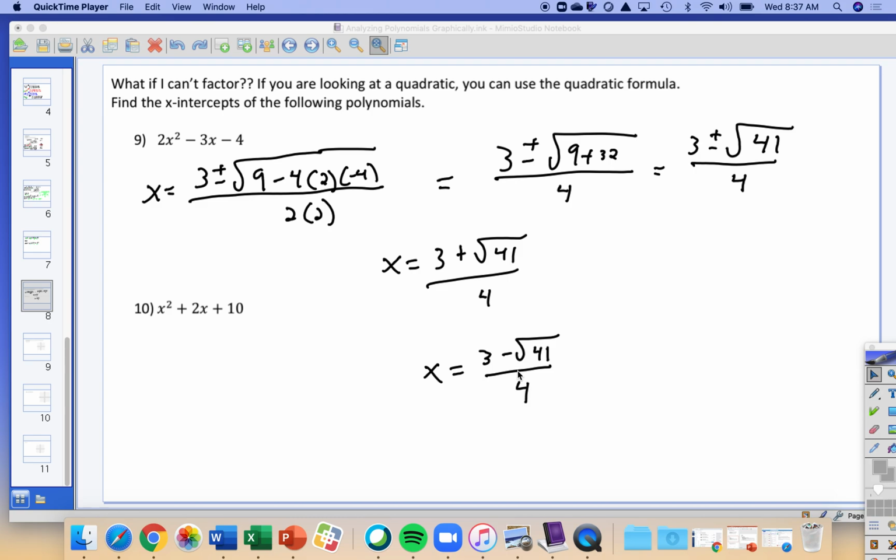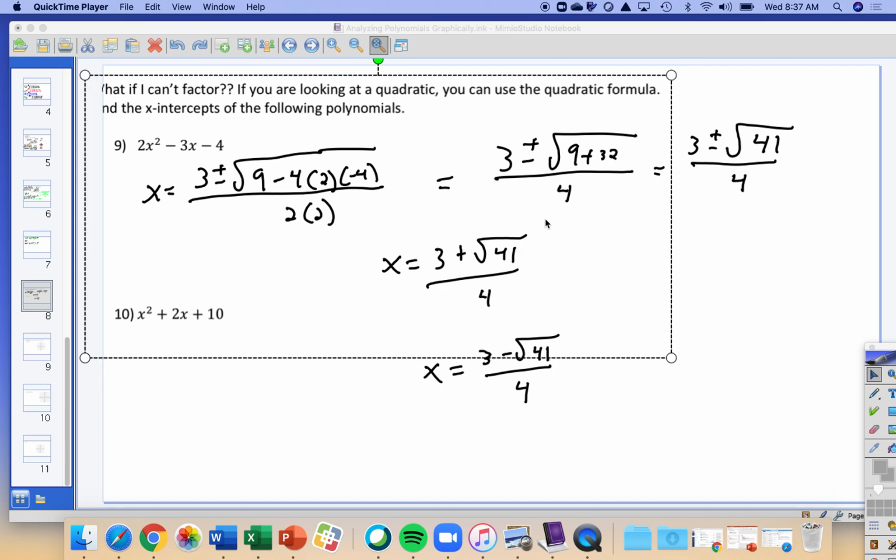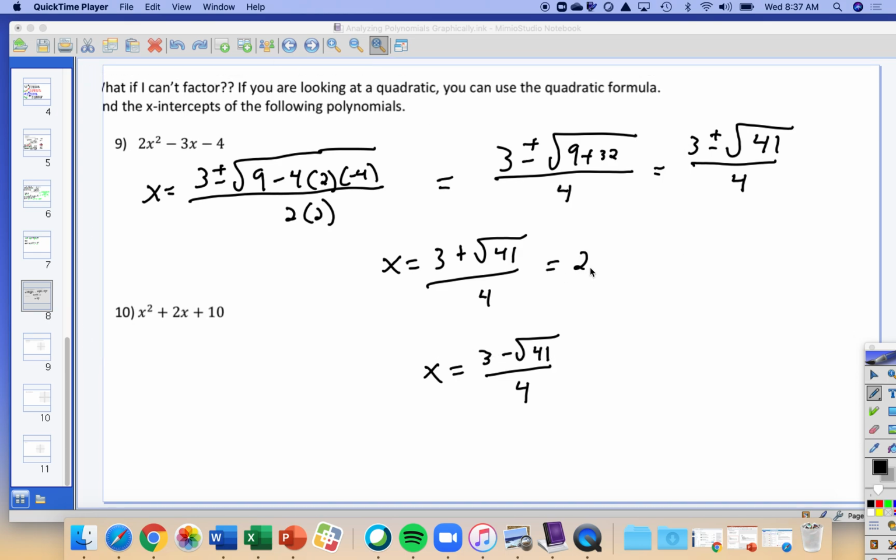Now, if we wanted to put them into decimals, we can go ahead and use our calculator. 3 plus the square root of 41 divided by 4 gives me 2.35 about, and 3 minus the square root of 41, all of that divided by 4 gives me negative 0.85.